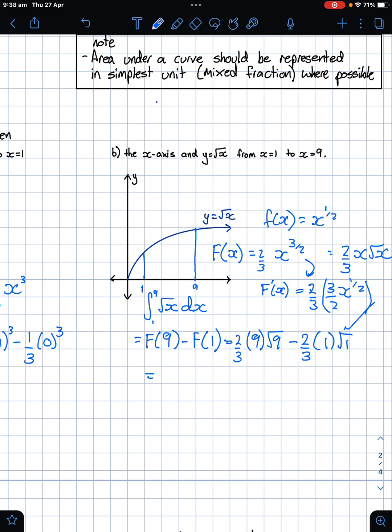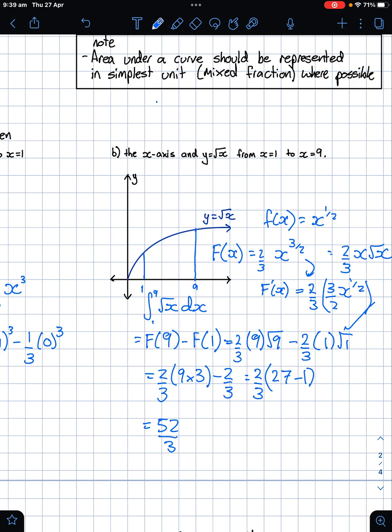This is going to equal 2 over 3, 9 times 3 minus 2 on 3, which is going to equal, I'm going to pull out the common factor of 2 on 3, 9 times 3 is 27 minus 1 equals 26, times 2 is going to be 52 on 3.